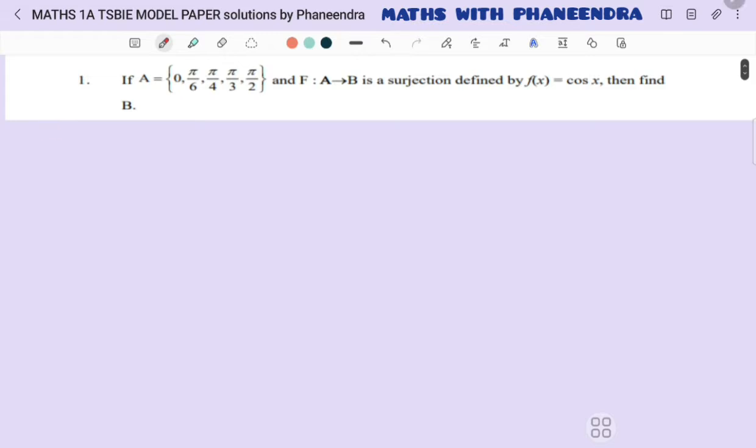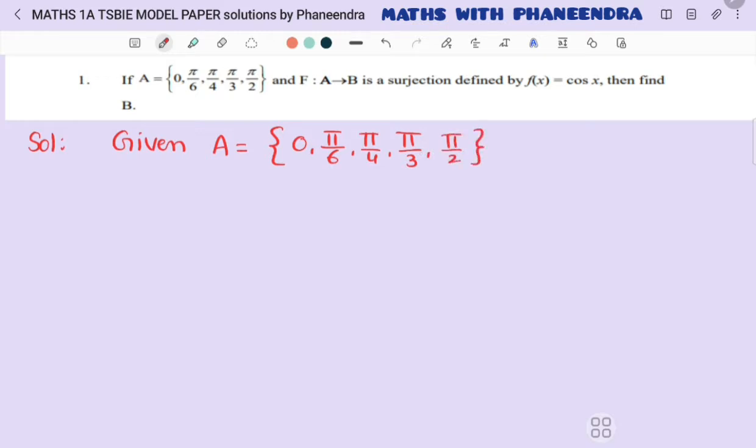In the solution step, given A equal to 0, pi by 6, pi by 4, pi by 3, pi by 2 and f is defined from A to B is a surjection.